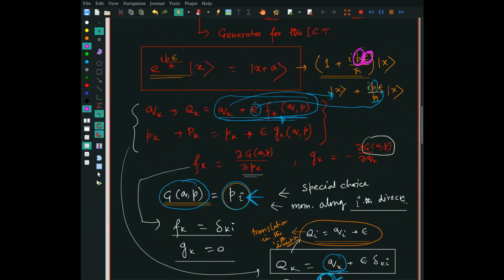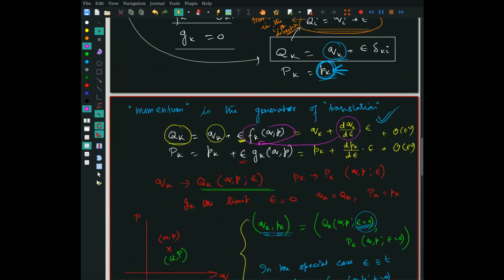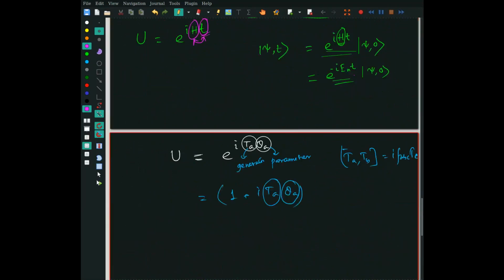And here also p and x are canonically conjugate quantities. These canonically conjugate quantities have an uncertainty relation. So in the case of delta p delta q, it is greater than or equal to h bar, and you can also write down delta H delta t greater than or equal to h bar.